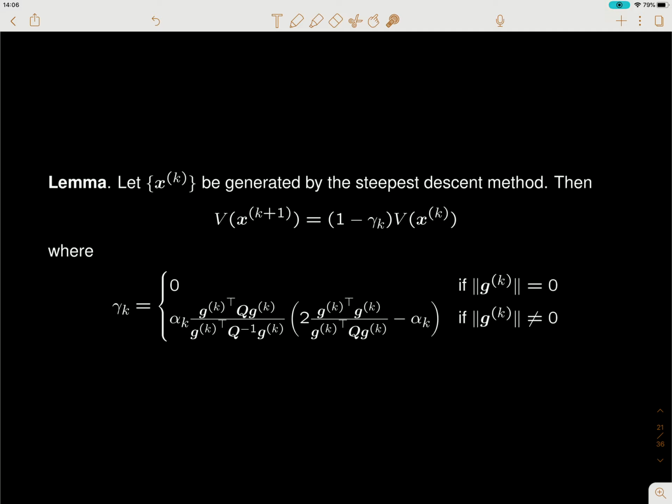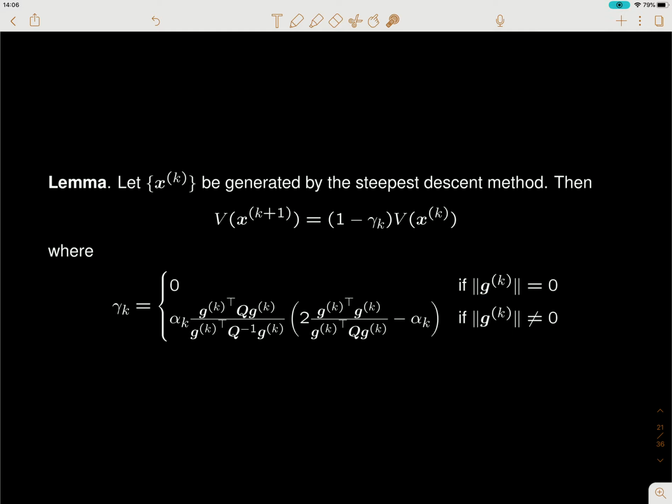And this is a trivial case, because if the gradient is equal to 0, then remember that there is only one point where the gradient is 0, which is the minimum value. So if the norm of gk is 0, that just means that xk satisfies Q xk minus b equals 0, and that means xk is already an optimal solution. xk is the true solution x star. So that will be trivial.